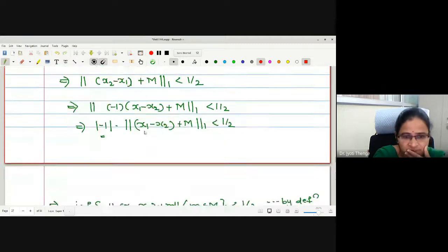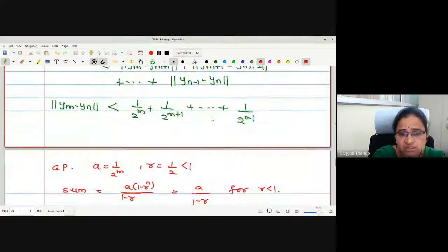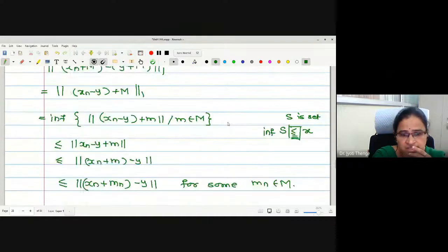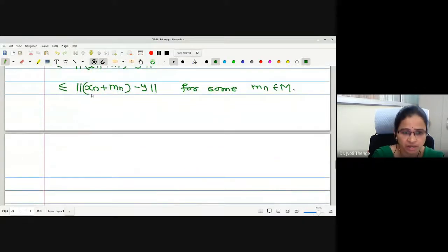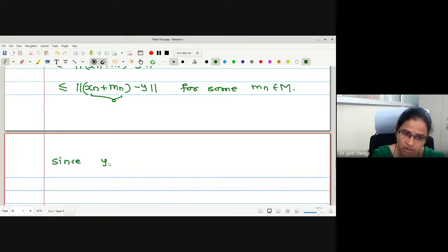What y2 have I selected? Somewhere choose x2 plus some element of M. Now here it is xn plus some element of M. What is this actually? Is it yn? Can I write this as yn? Yes, ma'am. Since yn I can write as xn plus mn for some mn in M.